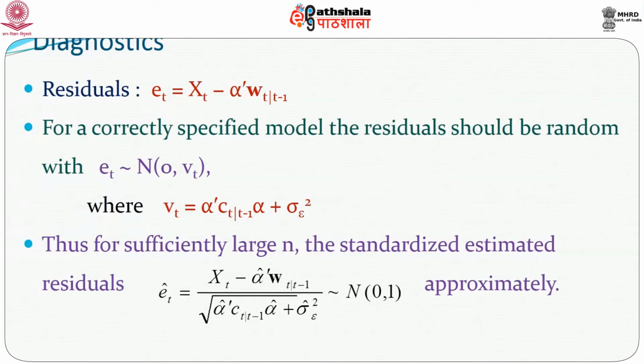And it can be shown that this is approximately a normal 0, 1 variable, and we need to check the usual normality check for these epsilon t hats to ensure that the residuals we get satisfy the conditions that we have imposed.